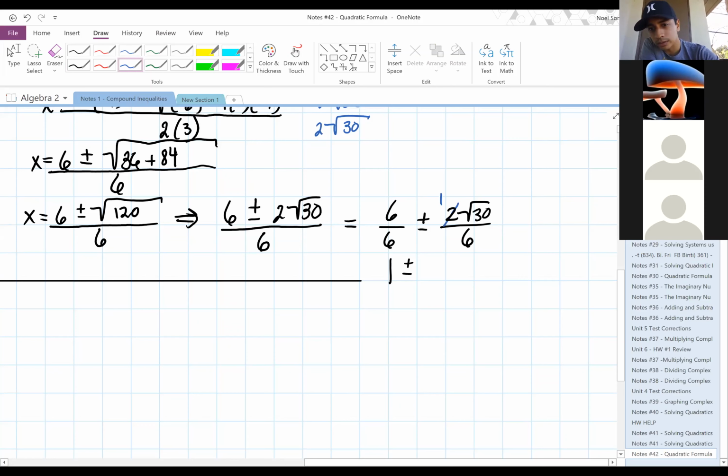So that becomes 1, and that becomes 3. So when you clean this up, you can choose to use the 1 or not. This time I won't use the 1. And you can just leave this as the square root of 30 all over 3. And obviously x is equal to this; it's a perfectly good answer as is, okay?